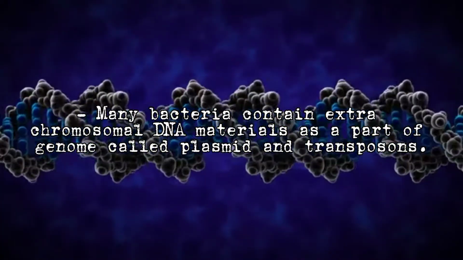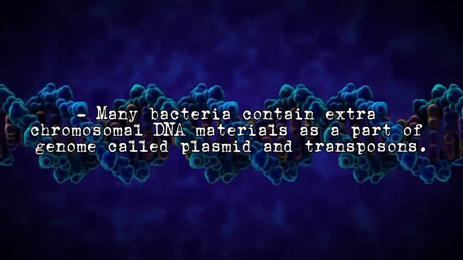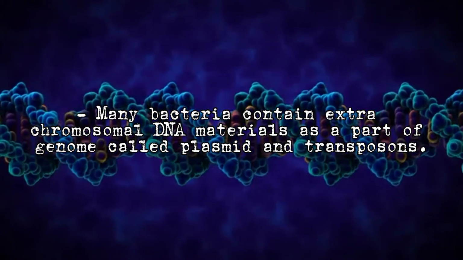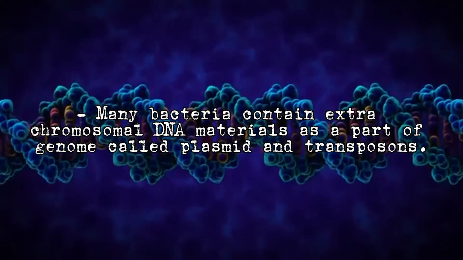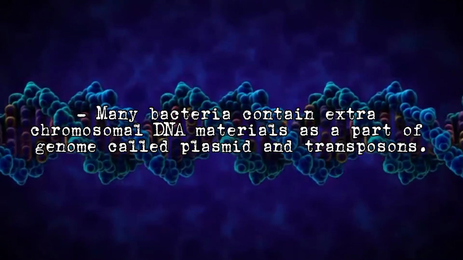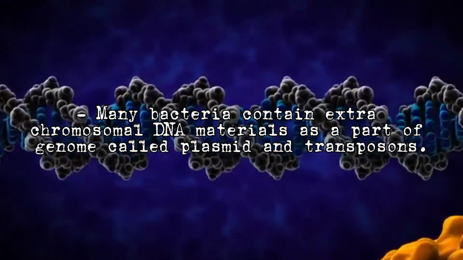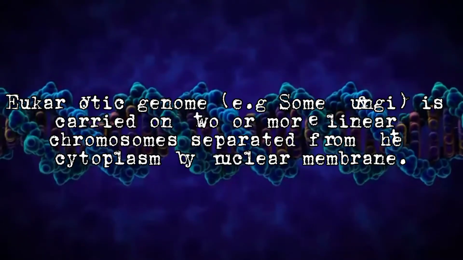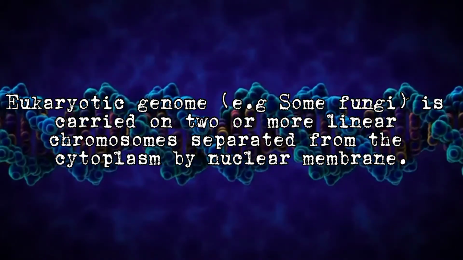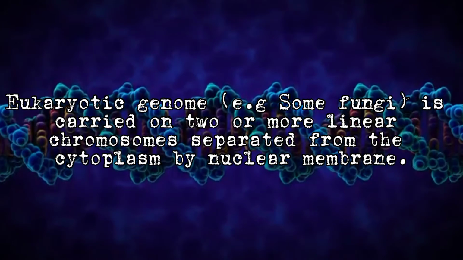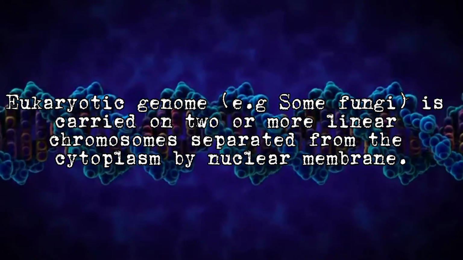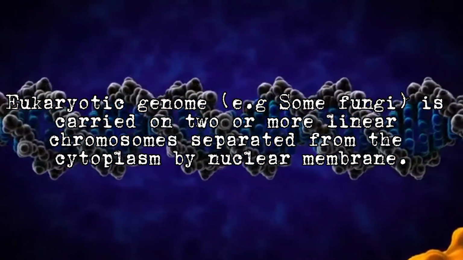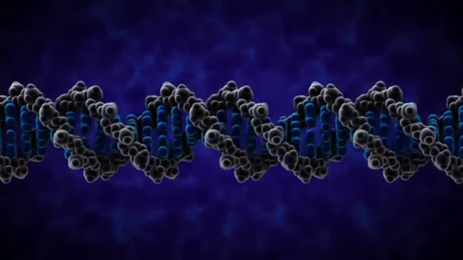Many bacteria contain extrachromosomal DNA materials as a part of the genome called plasmids and transposons. Eukaryotic genomes, such as those of fungi, are carried on two or more linear chromosomes separated from the cytoplasm by a nuclear membrane.